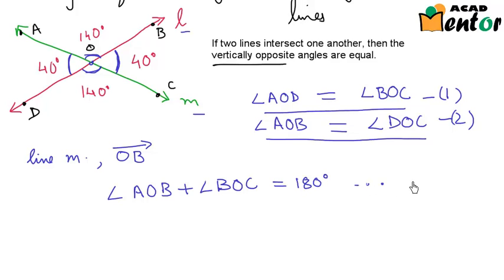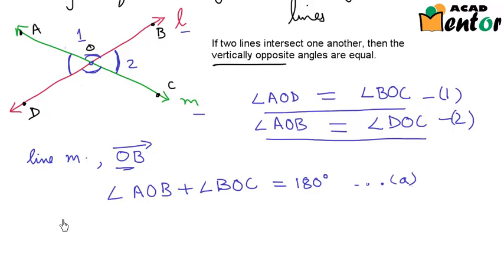Let me call this equation A. If you look at the values that I assumed here, then also you can see that 140 plus 40 would have been 180 degrees. But these are just values that I took for examples and not the real values of these angles. So I have just said that angle AOB, let me call this angle 1, plus angle BOC, let's call this angle 2.